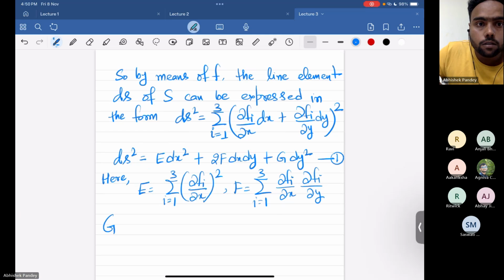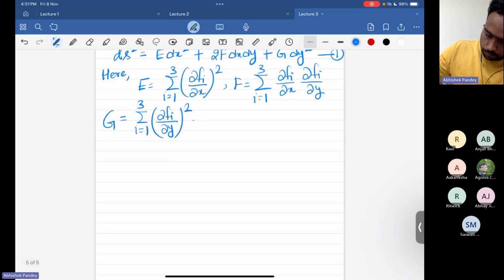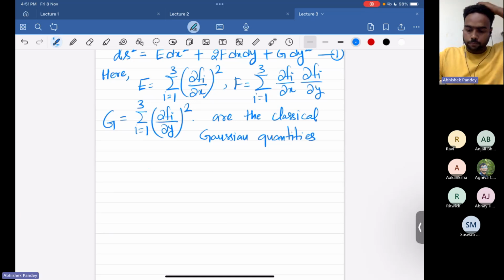Any doubt? G is basically the square. So these are called the coefficients.